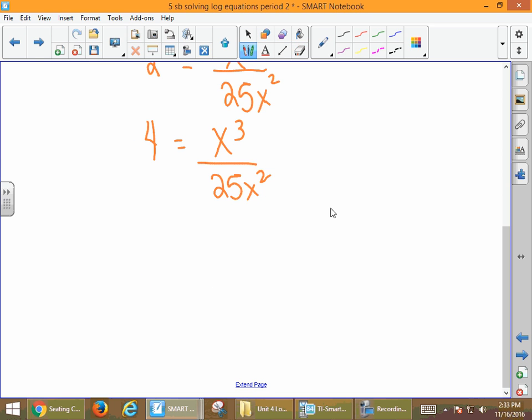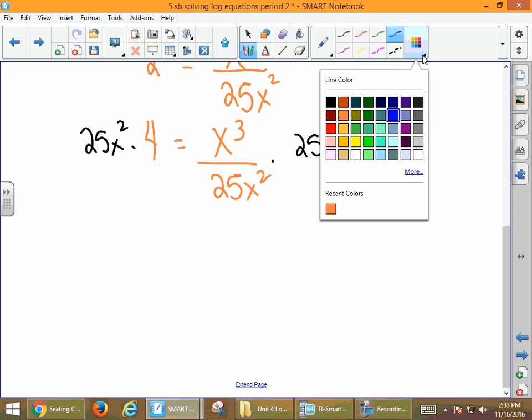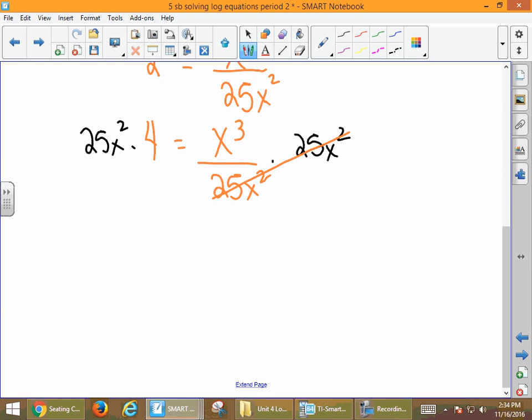And let's get rid of the fraction by multiplying both sides of the equation by 25x squared. So we multiply both sides by 25x squared. And the 25x squared cancel out over here. And on the left side, we're left with 100x squared equals x cubed.